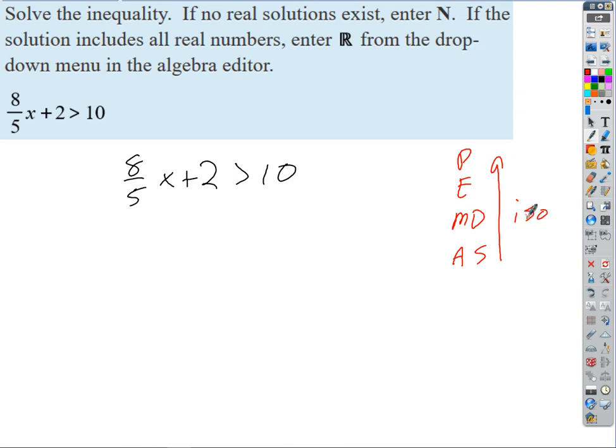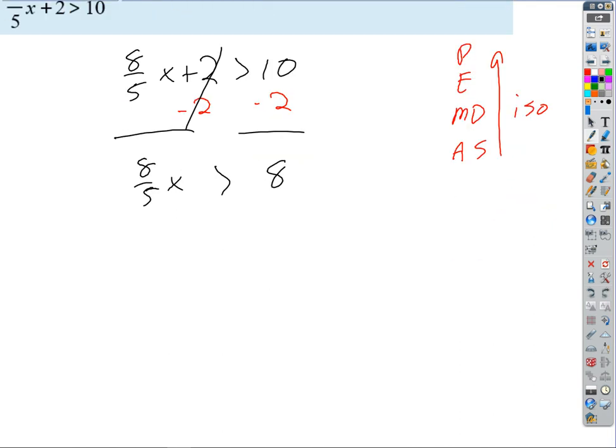So to isolate, we have to reverse the order of operations. So what do we have to do first? Okay, subtract 2, right? So 8, right? Okay, now what?